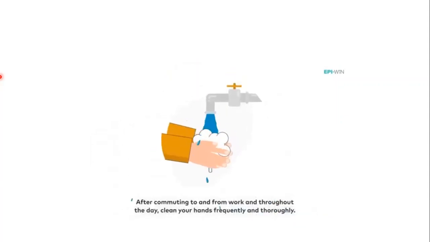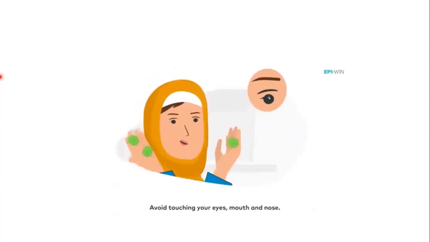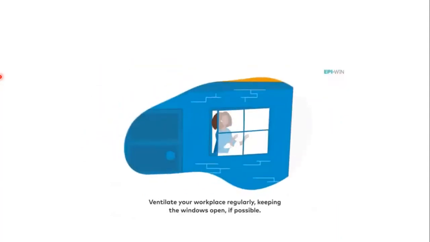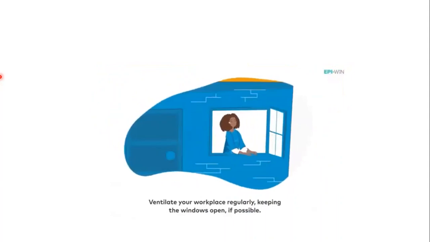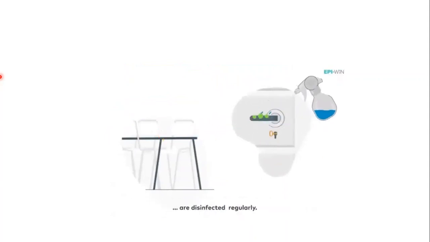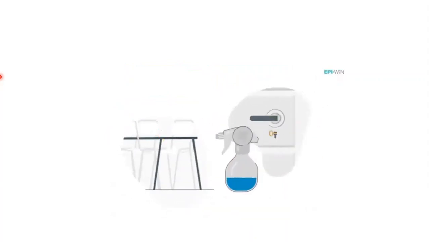After commuting to and from work and throughout the day, clean your hands frequently and thoroughly. Avoid touching your eyes, mouth, and nose. Ventilate your workplace regularly, keeping the windows open if possible. Make sure tables, door handles, and other frequently touched surfaces are disinfected regularly.